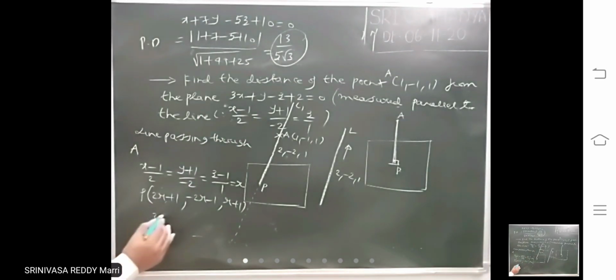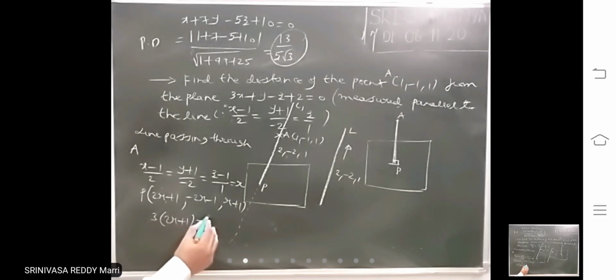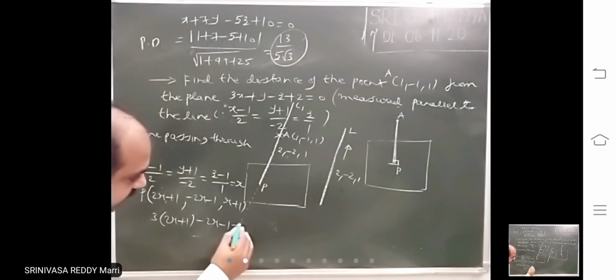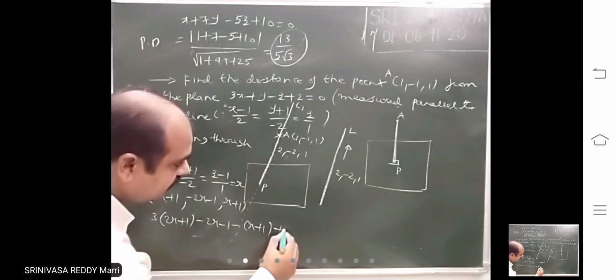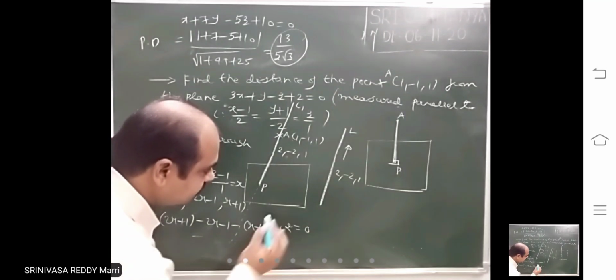Substitute: 3 into 2R plus 1, plus minus 2R minus 1, minus of R plus 1, plus 2 equal to 0.